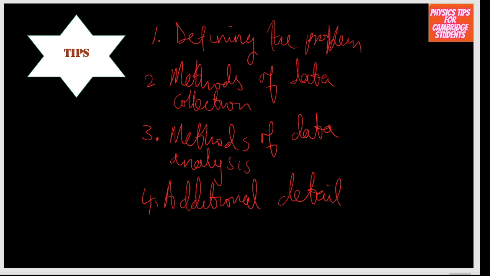So by identifying the variables, you are supposed to identify the dependent and independent variables. You are also supposed to identify the variable that should be kept constant. So there are 2 marks for this one.